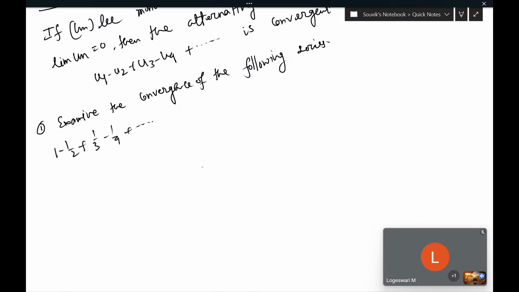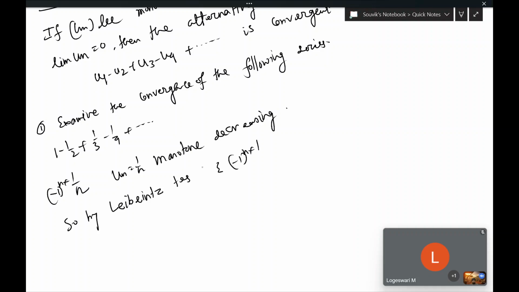The nth term is (minus 1) to the power n plus 1, by n. So here u_n is equal to 1 by n. This is monotone decreasing. So by the Leibniz test, the series is convergent.